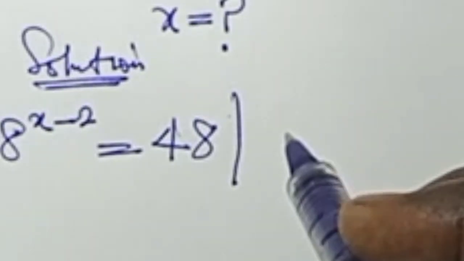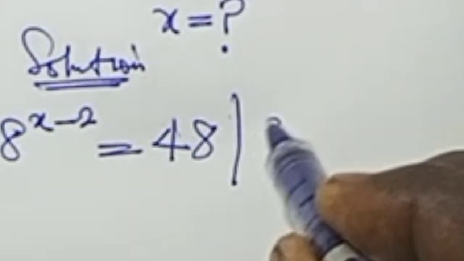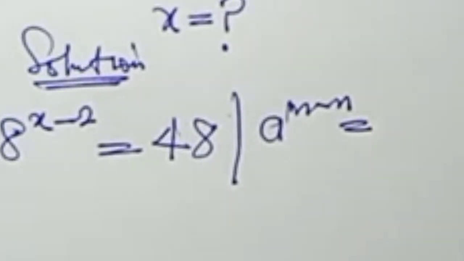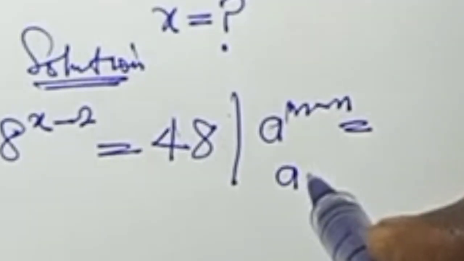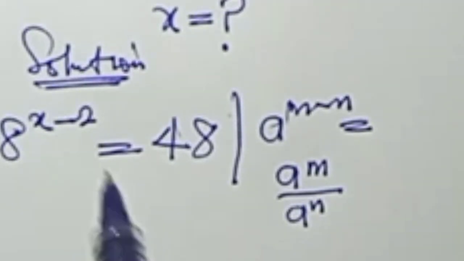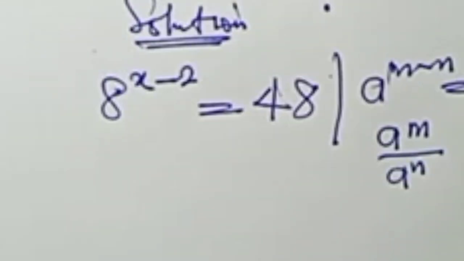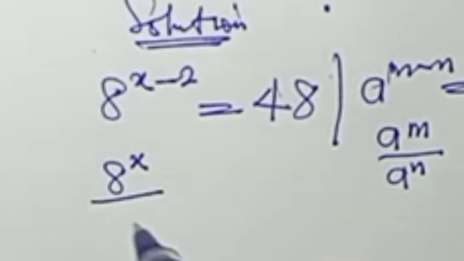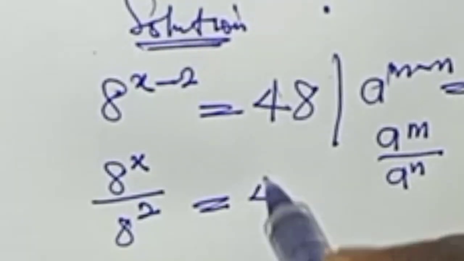But from the laws of exponents, a to the power of m minus n is the same thing as a to the power of m over a to the power of n. So we apply it here, and our equation becomes 8 to the power of x all over 8 to the power of 2, equal to 48.